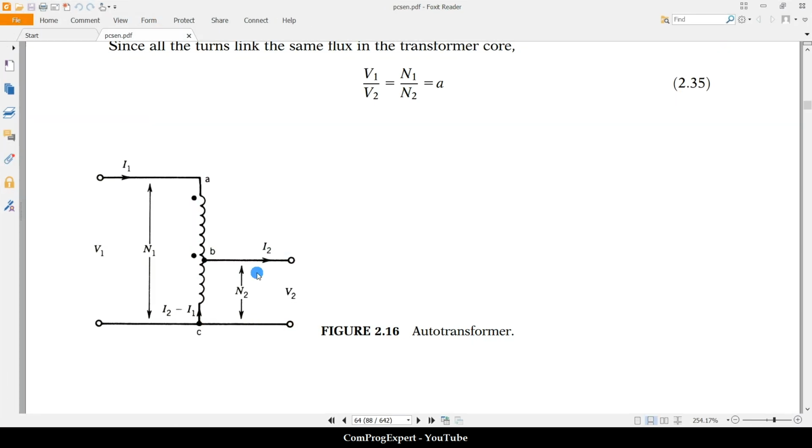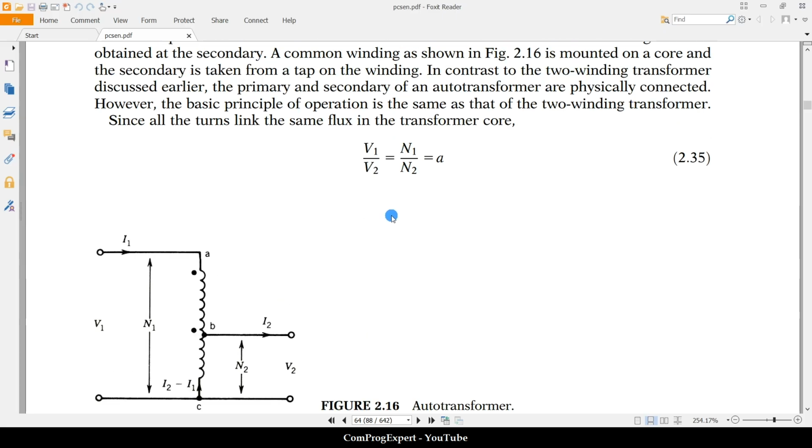According to this figure, N1 is the total number of turns between these two terminals, and N2 is the total number of turns between these two terminals. So we have this voltage ratio equation similar to what we have for a single phase transformer.